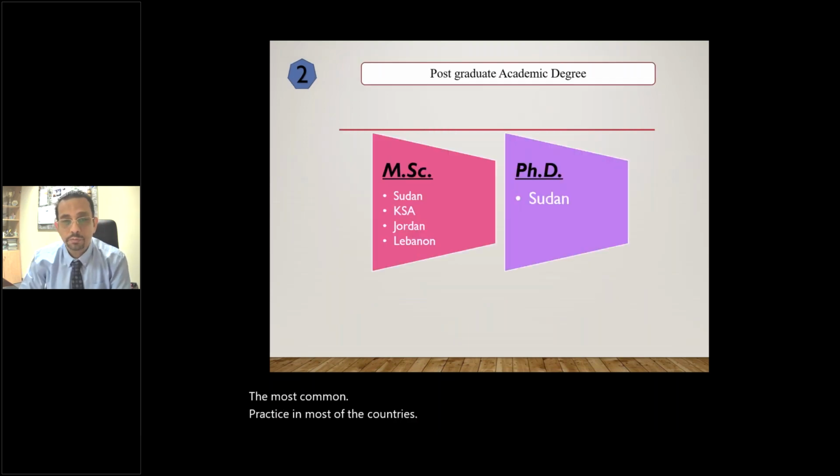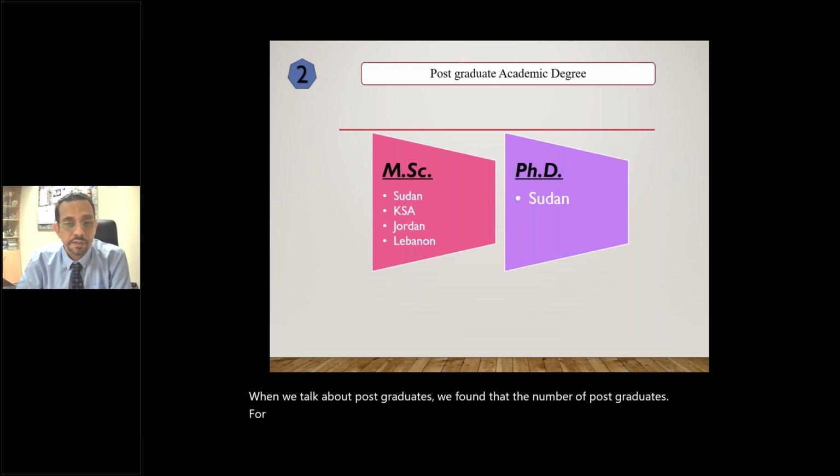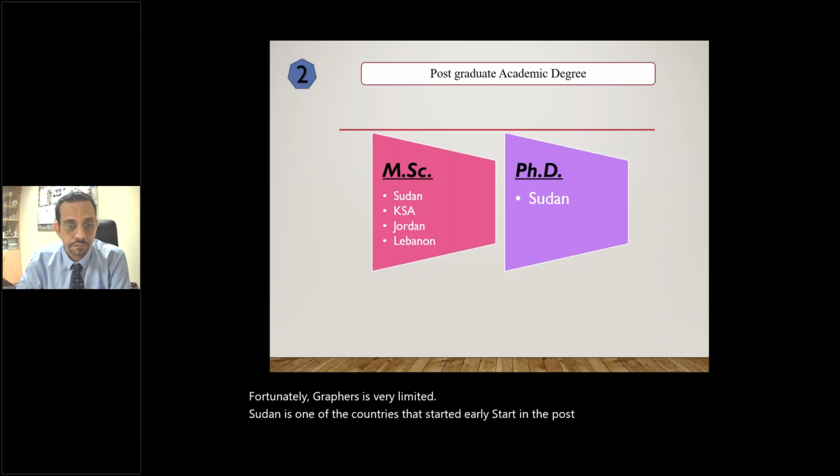When we talk about postgraduates, we found that the number of postgraduate programs for the radiographers is very limited. Sudan is one of the countries that started postgraduate programs early, and I think the first postgraduates in our region started in Sudan.